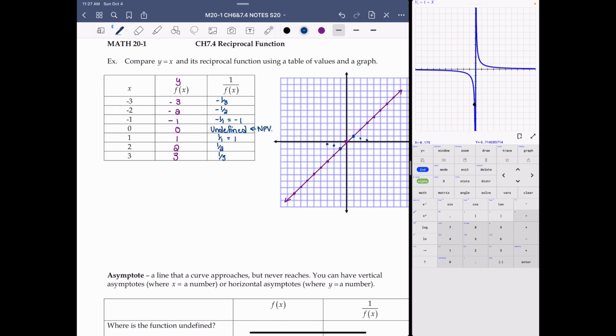And when we're graphing rational functions, that's going to turn into our vertical asymptote. So we have a vertical asymptote at x equals 0, which is just the y-axis.